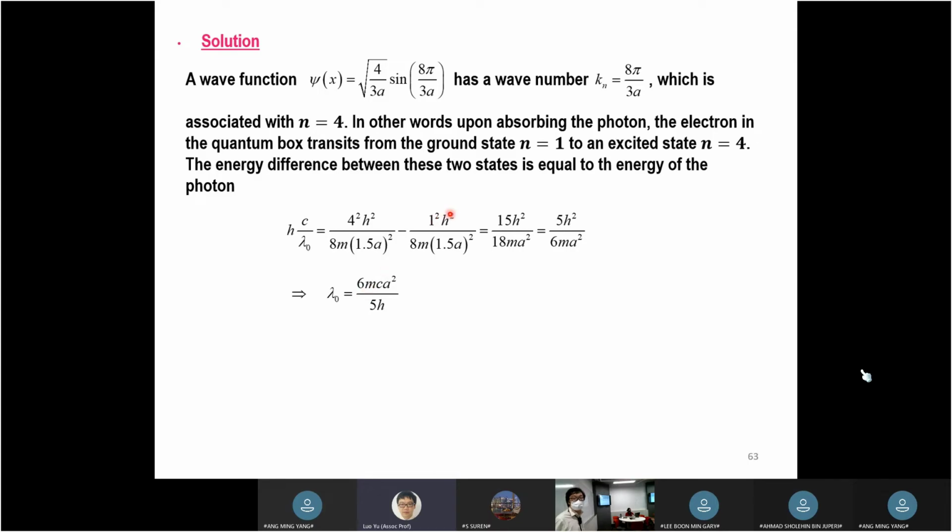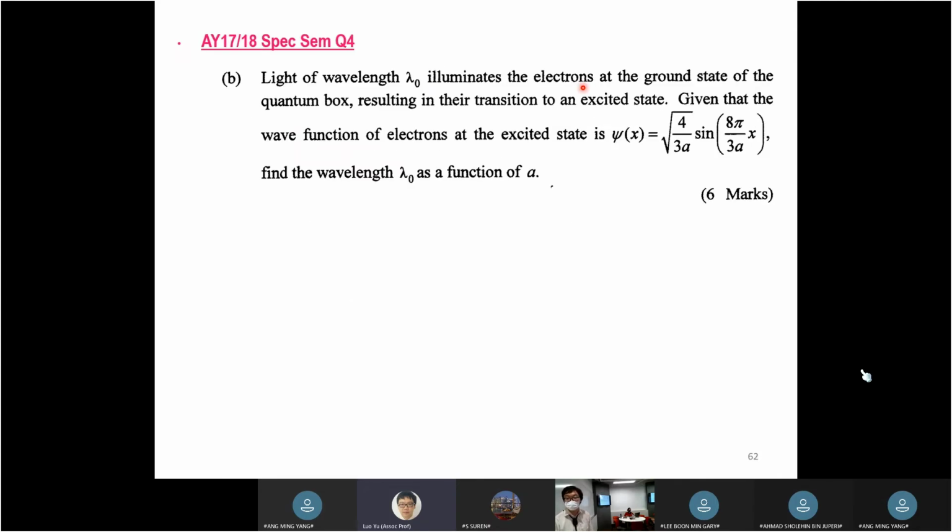The first thing is, in order to find the photon wavelength, we have to identify which energy level the excited state is. From the wave function, the most important thing is this Kn equal to 8 pi divided by 3a. You need to compare this Kn with the previous one.